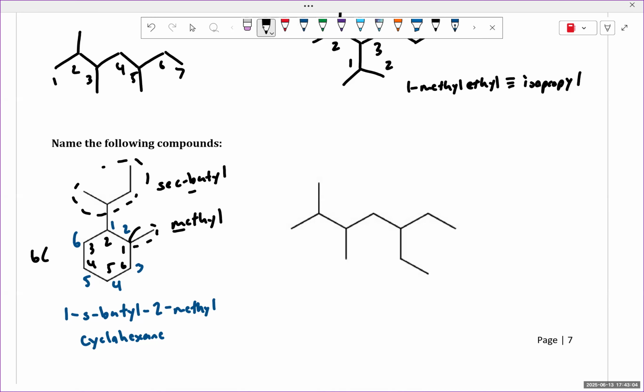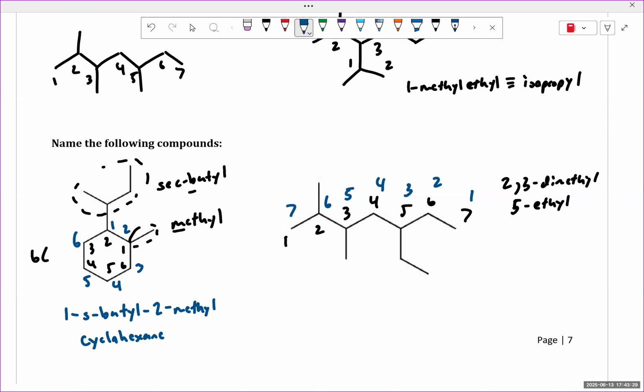Looking at this next example, we have 2 possible sets of locant numbers. In this case, we have the choice between 2,3-dimethyl, 5-ethyl versus 3-ethyl, 5,6-dimethyl.